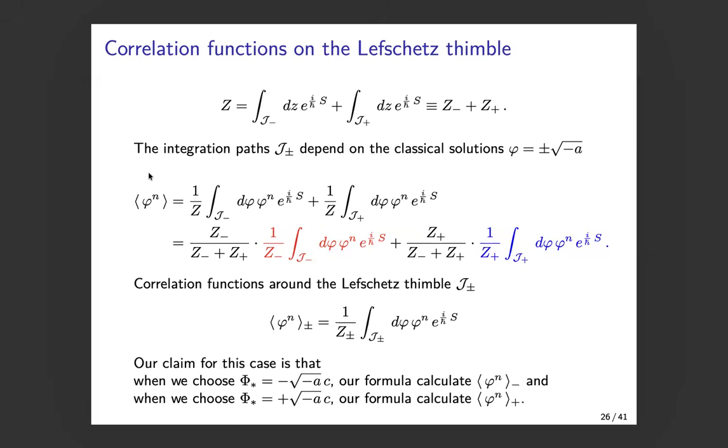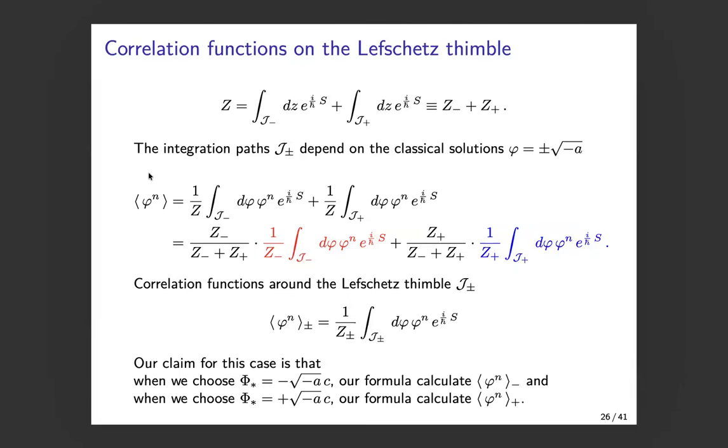And we can rewrite this form into this form. This is just a straightforward calculation. We call this red part the correlation function on the thimble J minus, and the blue part the correlation function on the thimble J plus. So we denote these correlators plus and minus by this definition.